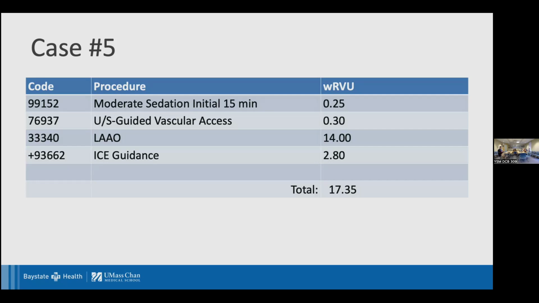And the answer is no. You're doing that service for free, because ICE can only be billed as an add-on to certain other procedures, right? There's a list of procedures which allow ICE as an add-on, and they include the things you'd expect: septal interventions, ASD, PFO, left atrial appendage occlusion, AFib ablation. You can do standalone ICE, you can do whatever the heck you want, but you can't bill for a physician reimbursement for standalone ICE.